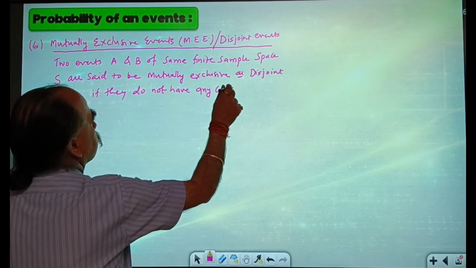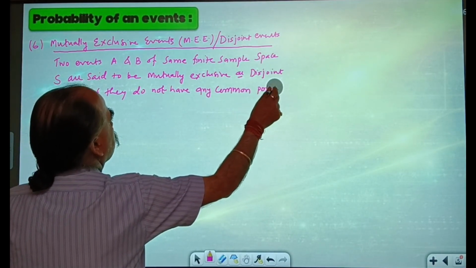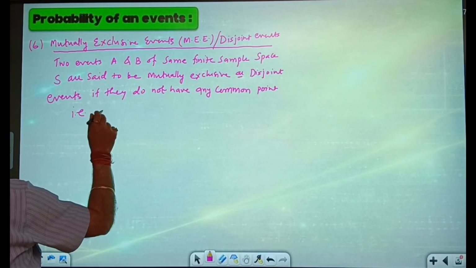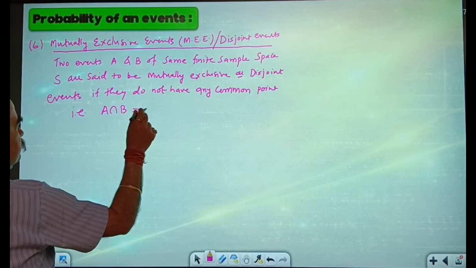That is, the common points are A intersection B. No common point means A intersection B is empty.